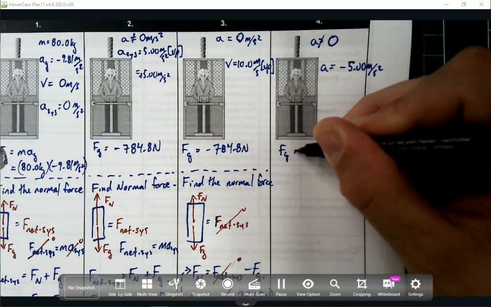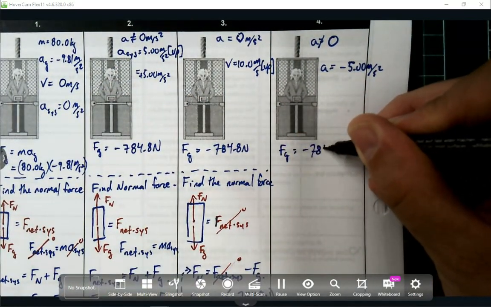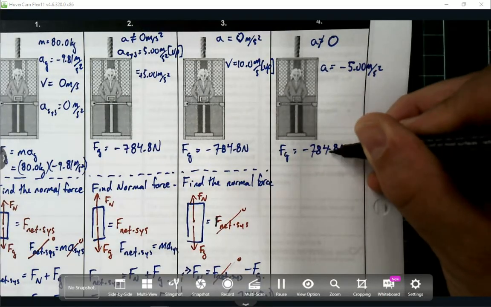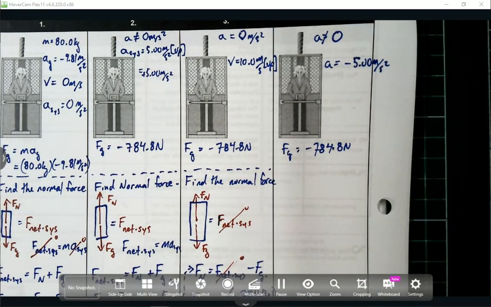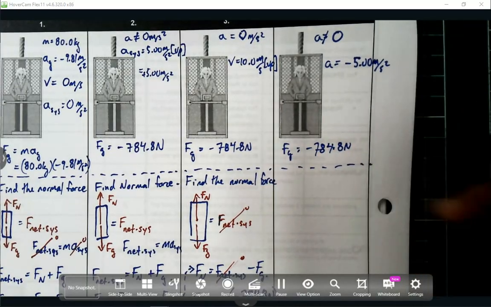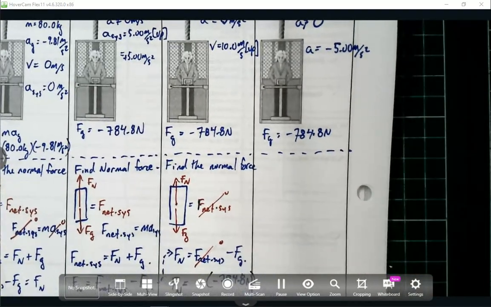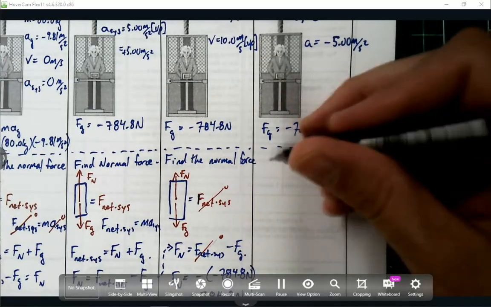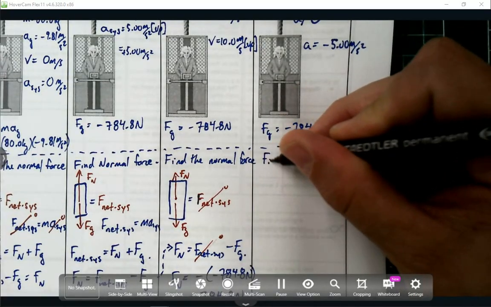Same force due to gravity. And I chose 5 again on purpose. It's going to be a little bit of pattern recognition here. So find the normal force.